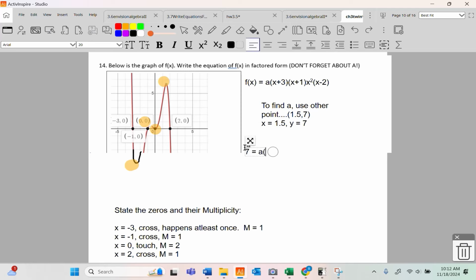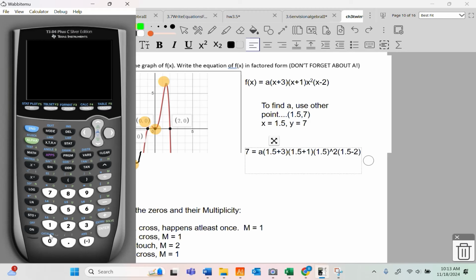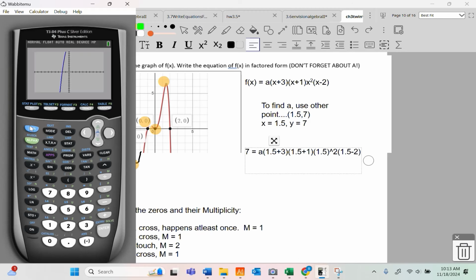We're going to plug those in: 7 equals a times 1.5 plus 3 times 1.5 plus 1 times 1.5 to the second times 1.5 minus 2. And we're going to crank out some math here. Let's see what's attached to a. The first factor is 4.5, I know that much.